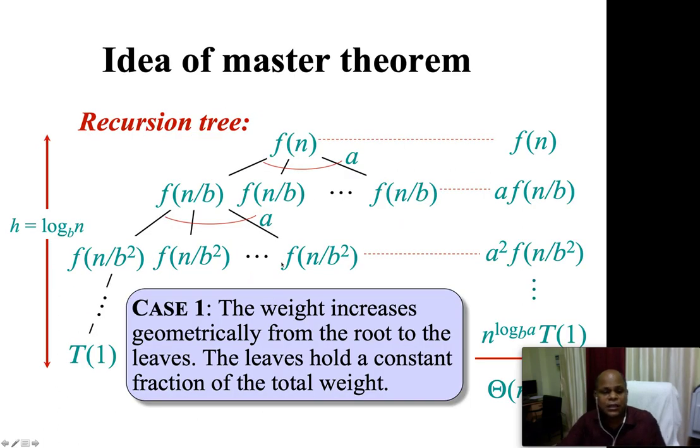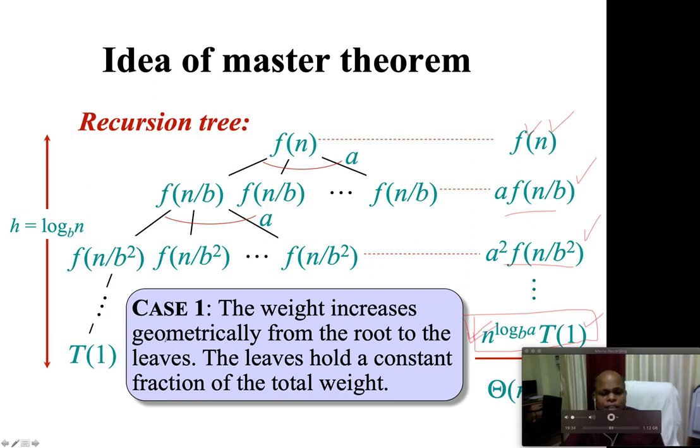As I have already told, in this case the total cost will be the cost of this, cost of this, cost of this, up to the cost of the leaf nodes. But all these nodes are less than the leaf node value. Hence, the leaf nodes will dominate.